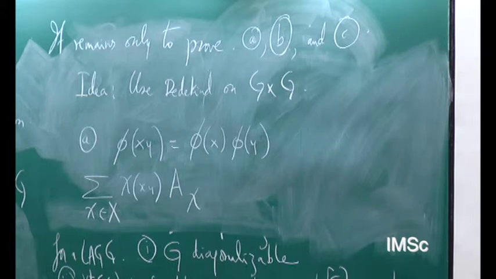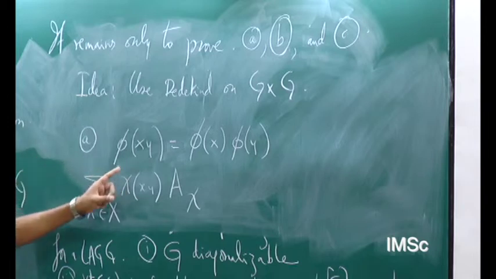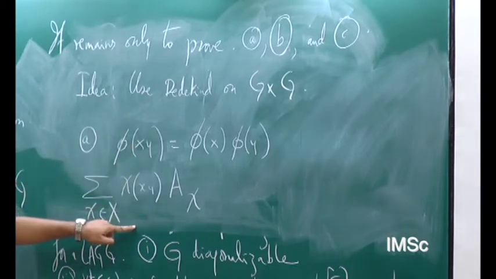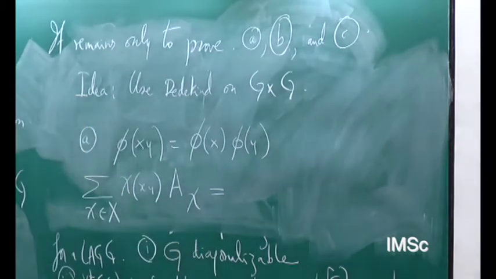I'm just substituting xy into this equation, I mean replacing x by xy. I'm writing the left hand side. Okay, this I know. Now what is this? Phi x is this. Phi y would be the same with y here.